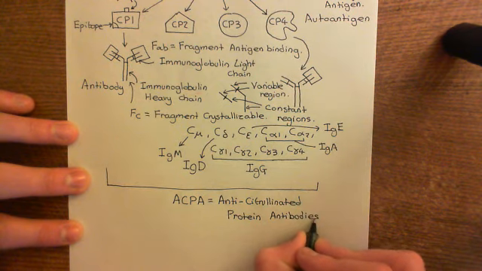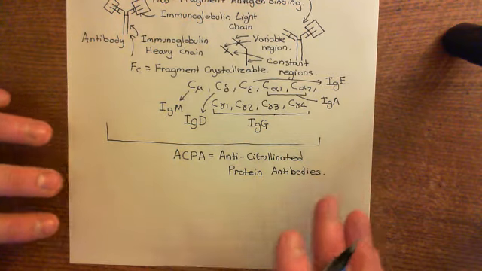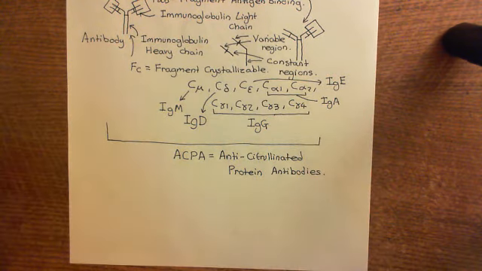So ACPA stands for anti-citrullinated protein antibodies, and this is occurring potentially years before you ever get joint symptoms. So years before you ever get synovitis, which is inflammation of the synovial joints, specifically of the synovium, you are producing anti-citrullinated protein antibodies.